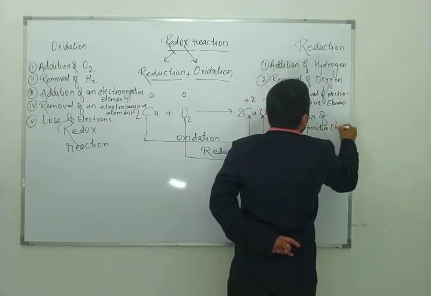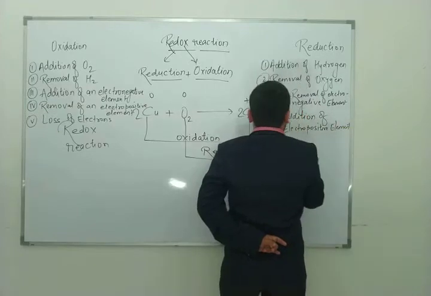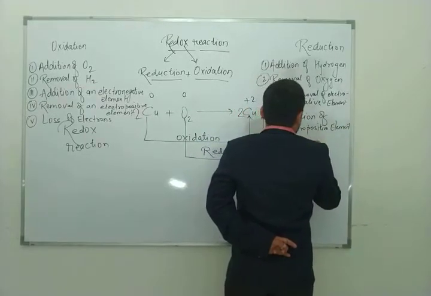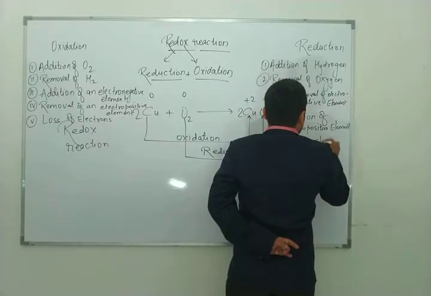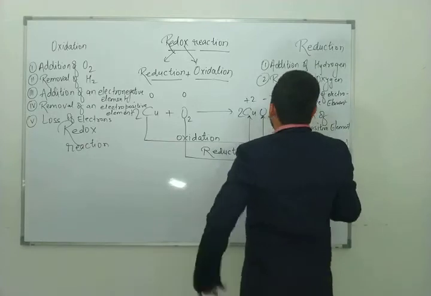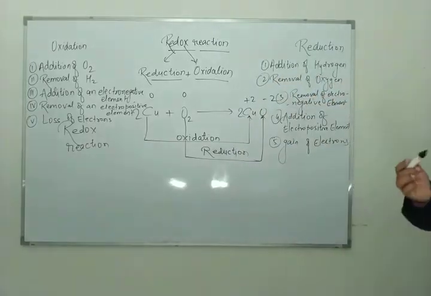And the last one: in oxidation there is loss of electrons, here it will be gain of electrons. So here you can see it is a very nice diagram showing the difference between reduction and oxidation.